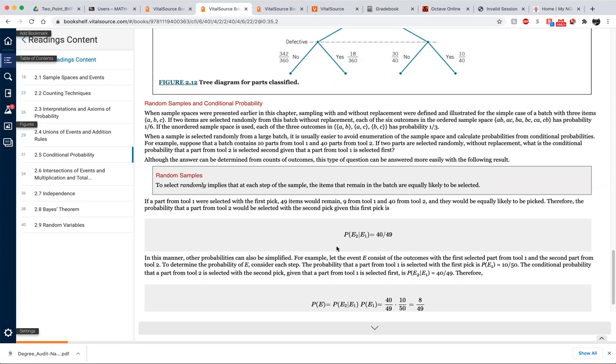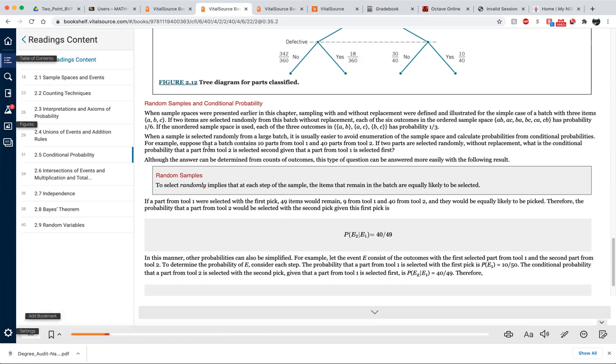This is talking about the conditional probability regarding sample space without replacement. When a sample is selected randomly from a large batch, it is usually easier to avoid the enumeration of the sample space and calculate a probability from conditional probability.